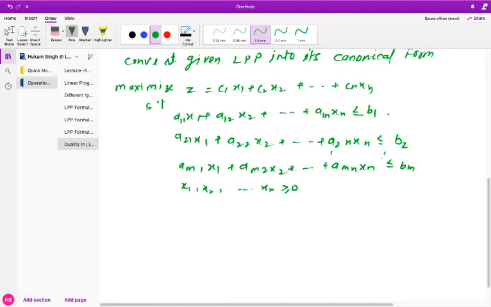In the canonical form all the constraints are going to be less than or equal to constraints. If not, then convert them into less than or equal to constraints. Now come to the dual of its primal. For the dual we're going to define a decision variable corresponding to each constraint.